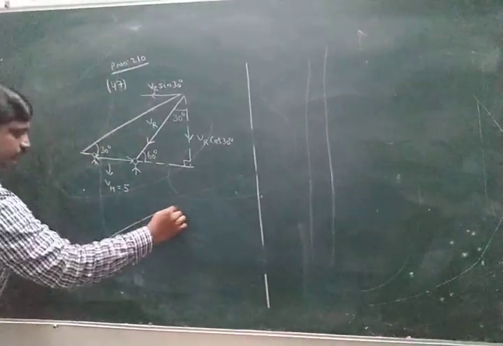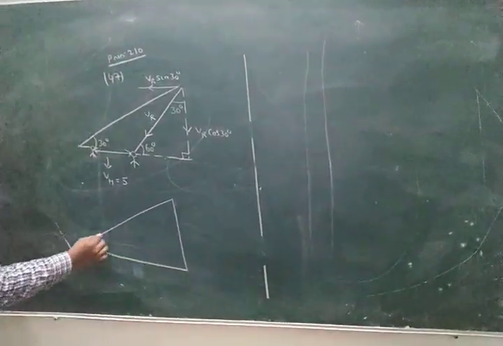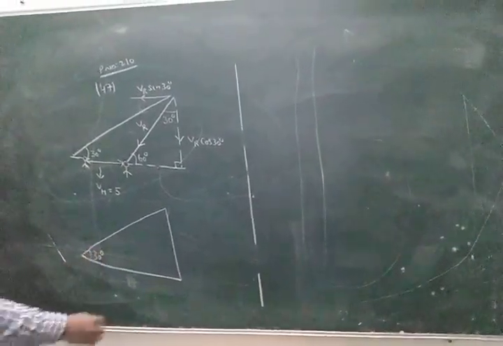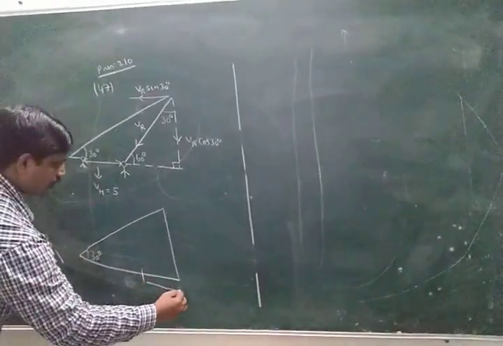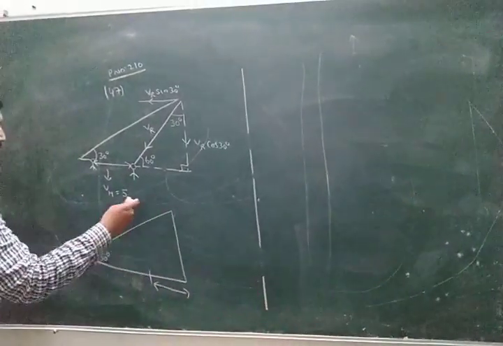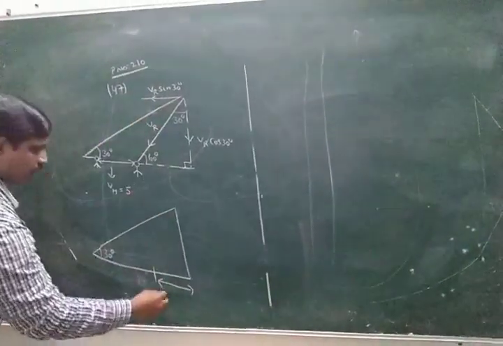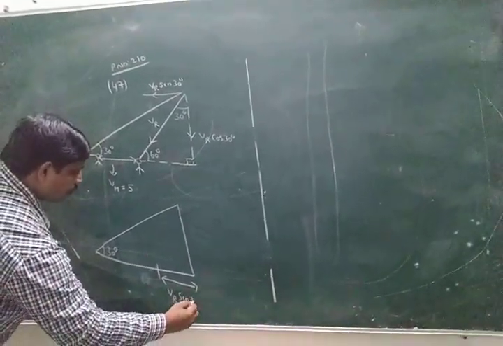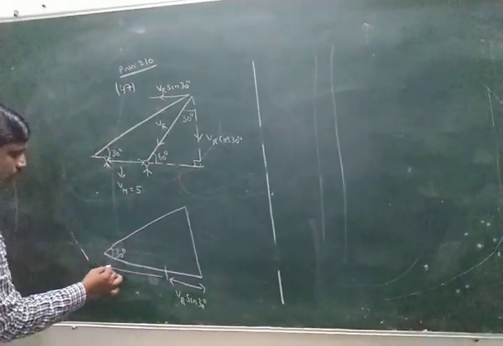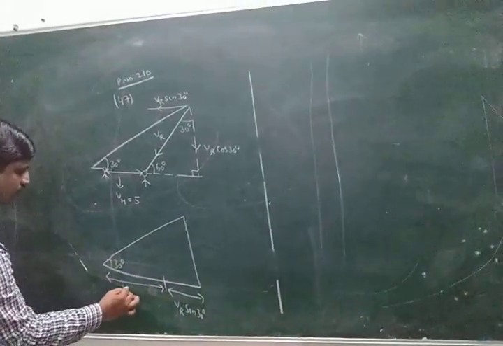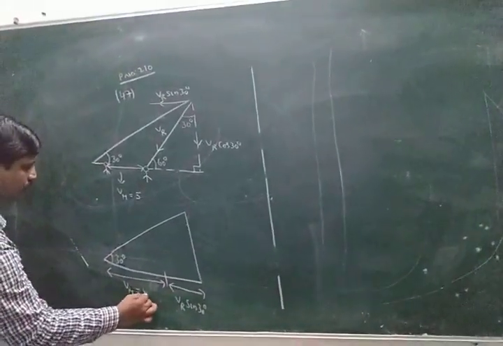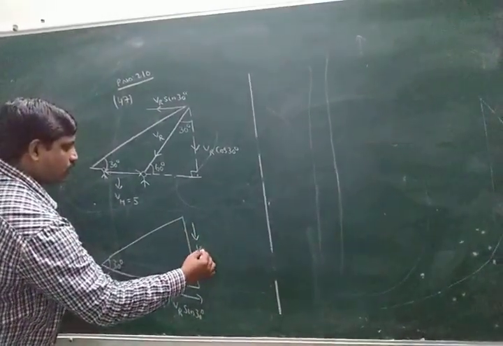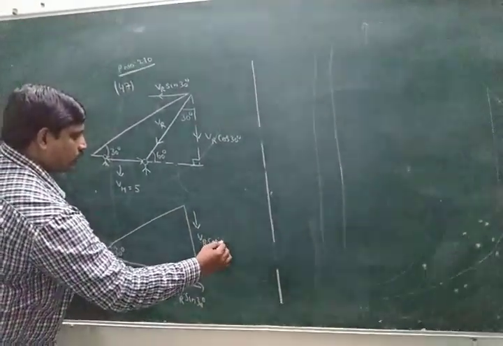Look here, this angle is 30 degrees. Here to here, in physics, parallel is the same, so parallel here VR sin 30. Here to here, the Vm value is given, Vm value is 5. Here to here, VR cos 30.